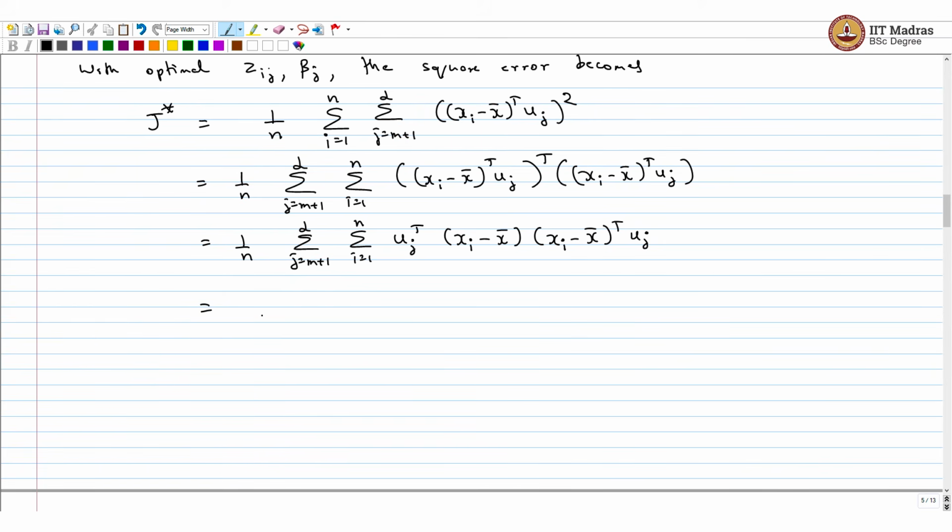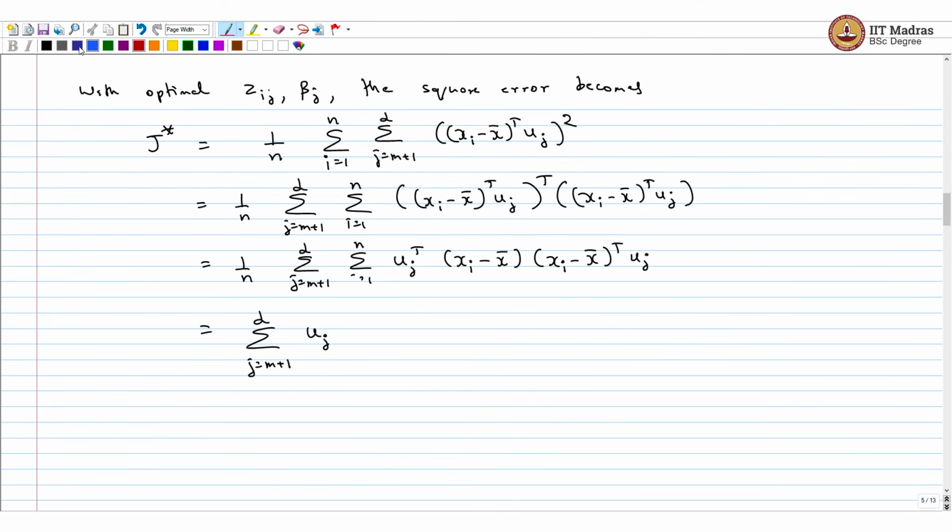Now this I can write as summation j equals m plus 1 to d, and I'm going to bring the uj outside because the summation is over the variable i. So the uj can come outside, this can come outside, the other uj also can come outside. I'm just left with the rest. So uj transpose, and then I'm going to write this as 1 by n summation i equals 1 to n.